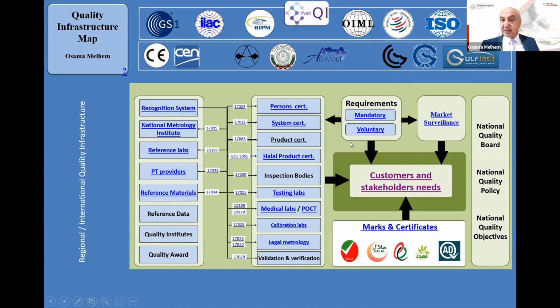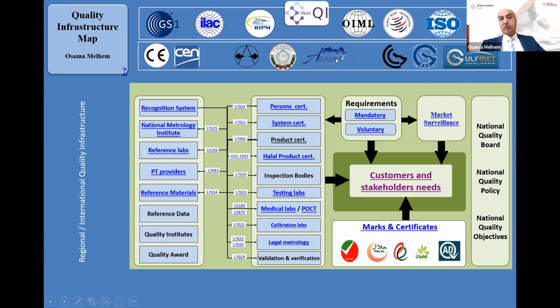Now, for the standardization body, we have here in UAE, ESMA. And for the regional body, we have the Gulf Standardization Organization. For the metrology at the national level, we have the Emirates Metrology Organization, while in the region we have the Gulf Metrology. So this is at the regional level. At a little bit higher level for the Arab countries, we have also the same.